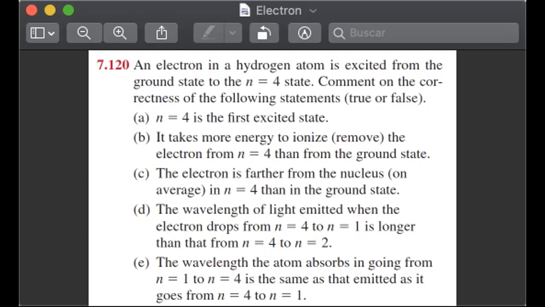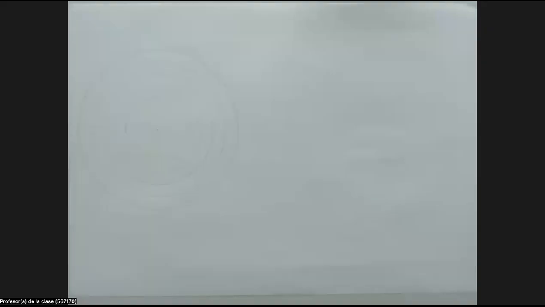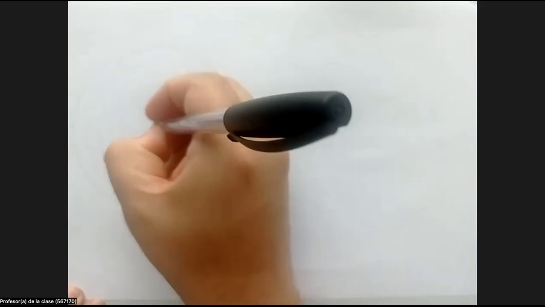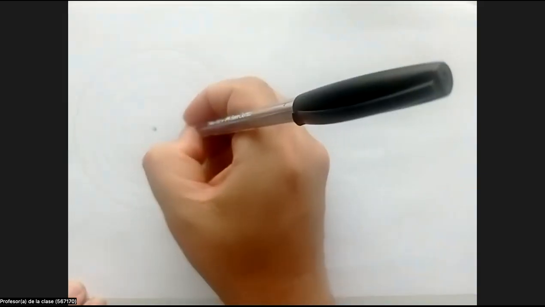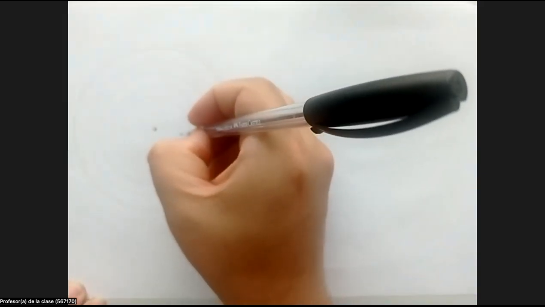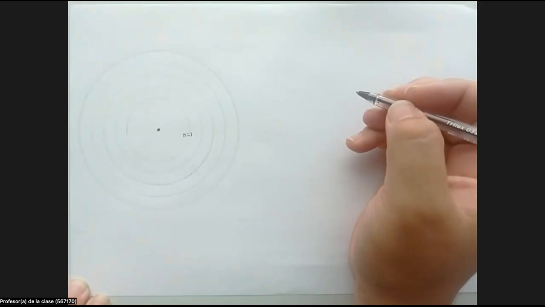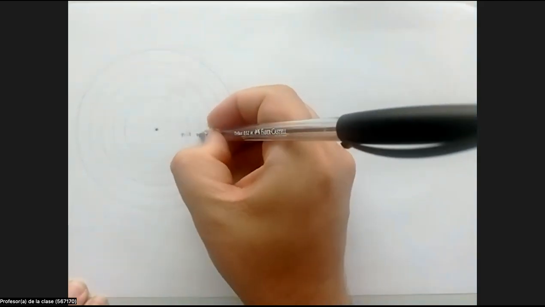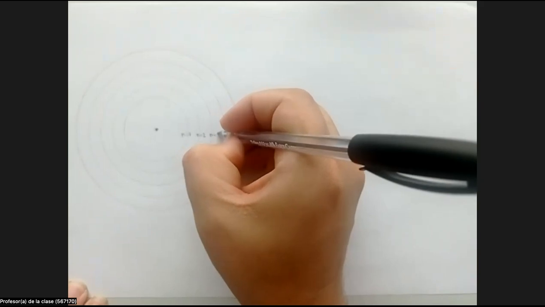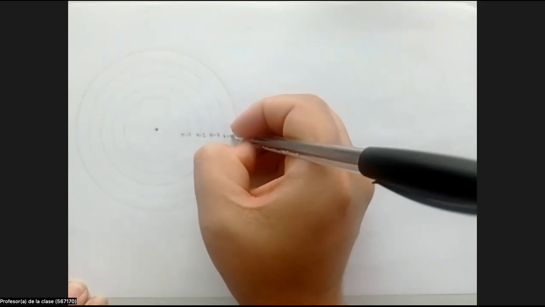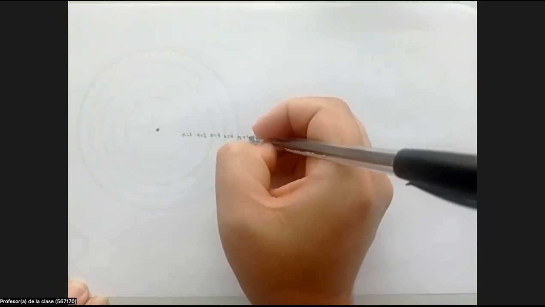So that will be false. Why? We have here the nucleus. This is the ground state, n equal 1, n equal 2, n equal 3, n equal 4, and n equal 5.